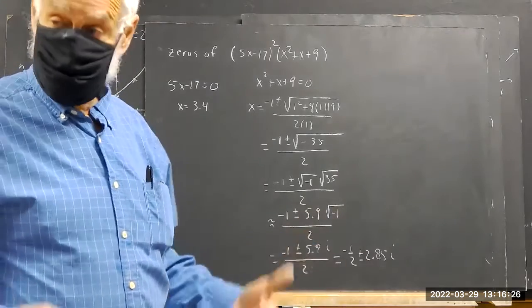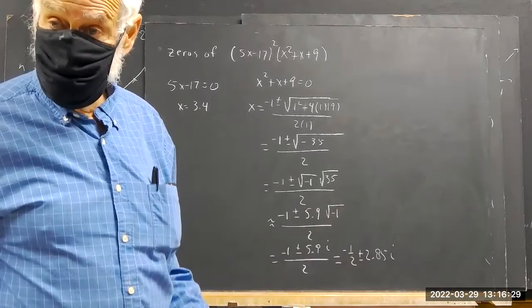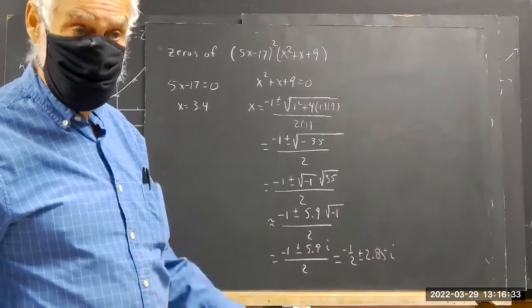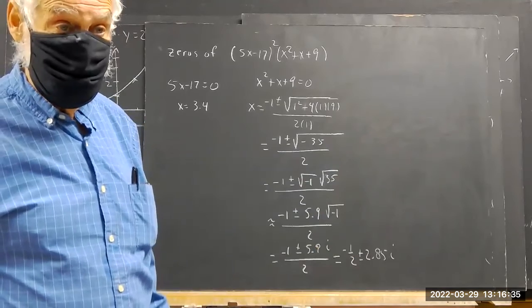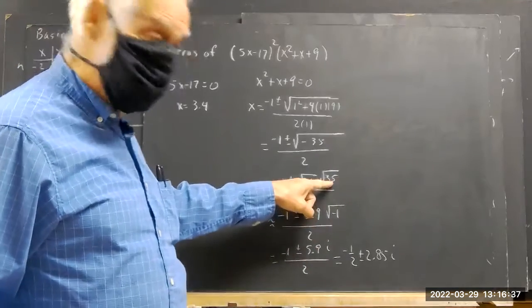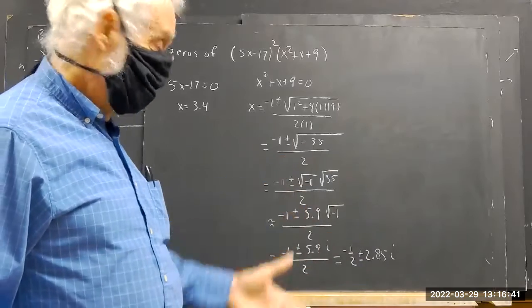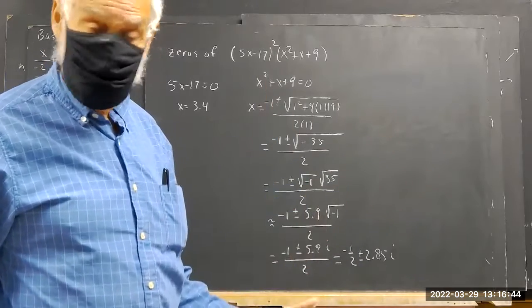Because it's a simple number, it's close to a perfect square. You know the 35 is between 25 and 36, so the square root's going to be between 5 and 6, right? And you know this is closer to 36 than it is to 25, so the number is going to be closer to 6 than it is to 5.